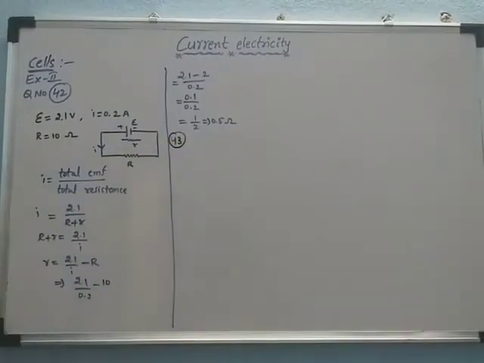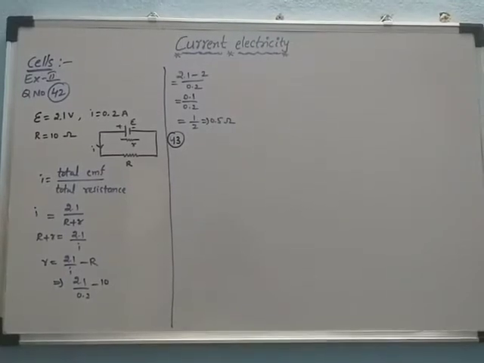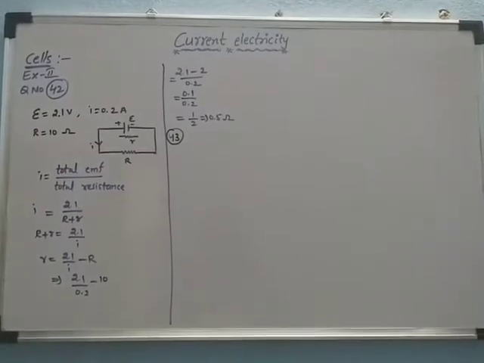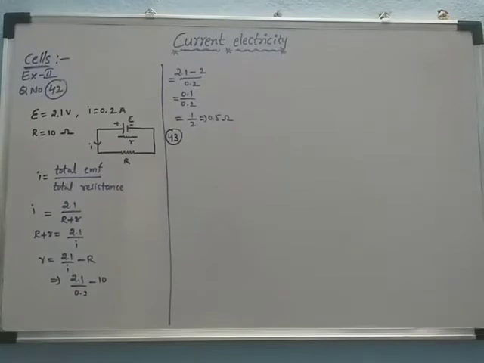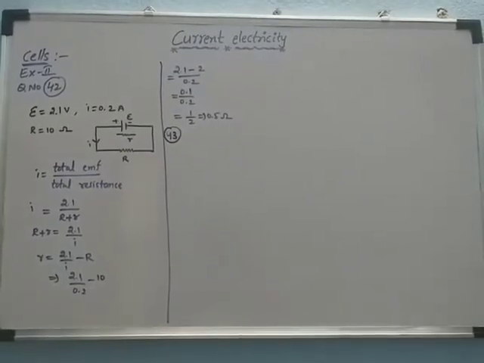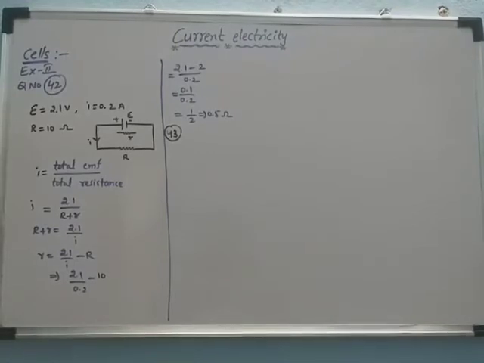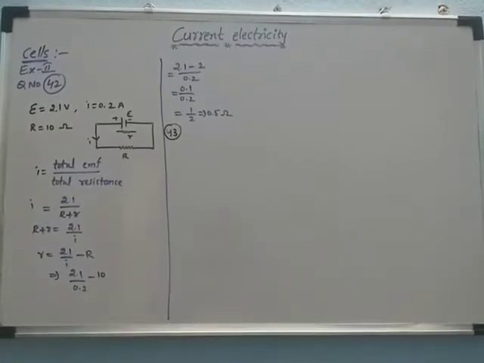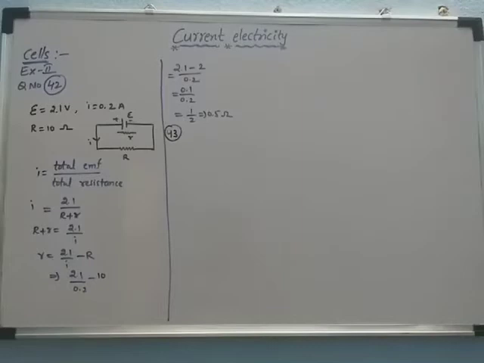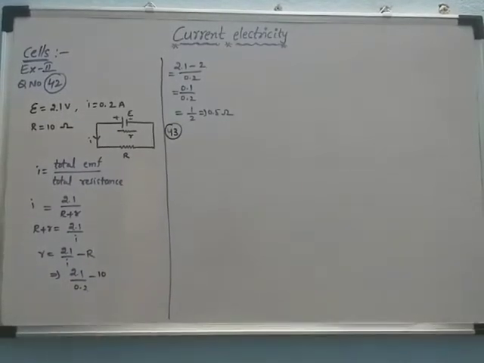So next, see question number 43. The EMF of a Daniell cell is 1.08 volts. When the terminals of the cell are connected to a resistance of 3 ohms, the potential difference across the terminals is found to be 0.6 volts. Then find the internal resistance of the cell.